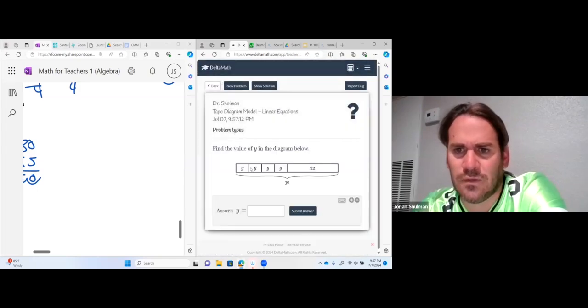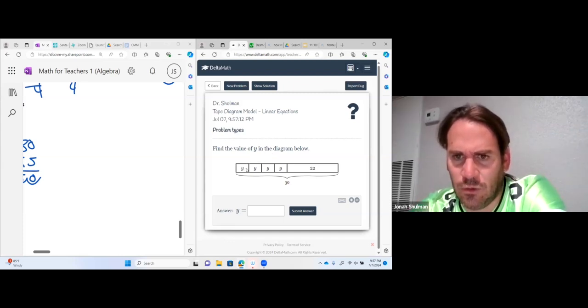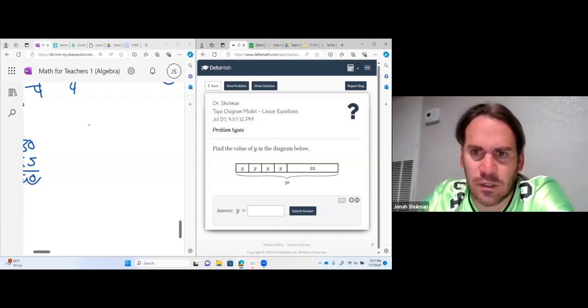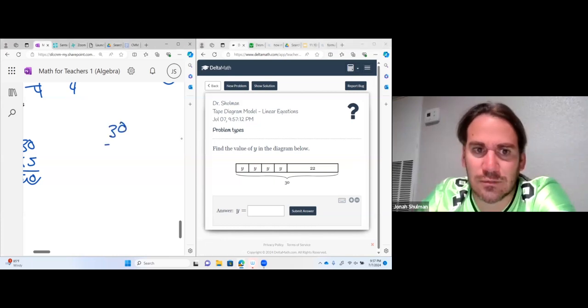All right. So let's find the value of y in this diagram below. So we know we have 1, 2, 3, 4 y's and 22 to make 30. So we just have to figure out how much the y is. If I know that the whole thing is 30 and I'm using 22, I've got to subtract 22 from that. So I got 8.